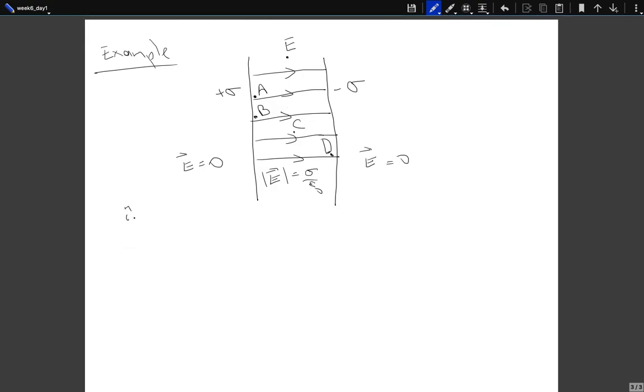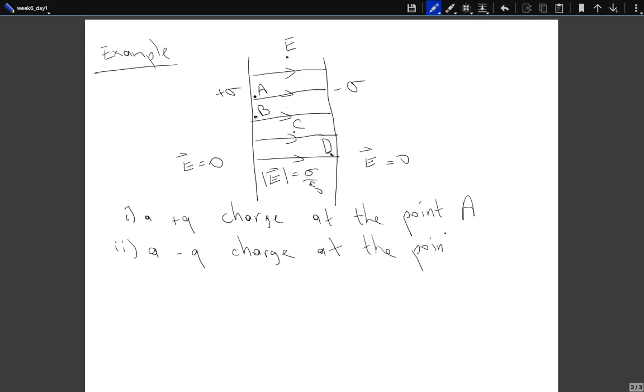Suppose I put a plus Q charge at the point A, a minus Q charge at the point B. We had just said that the point A and the point B have the same potential.